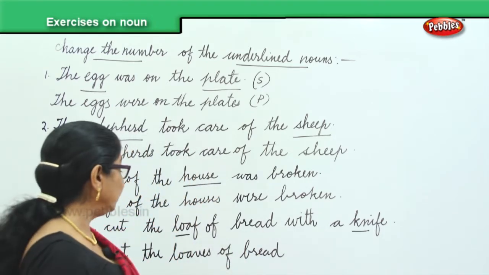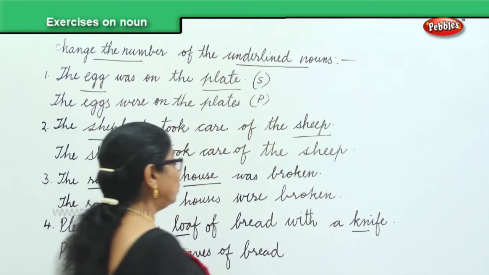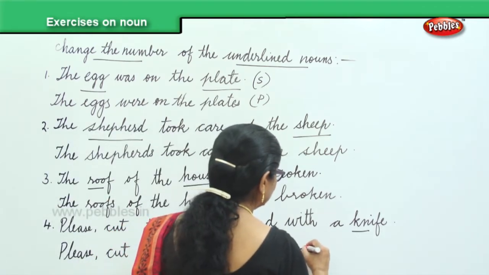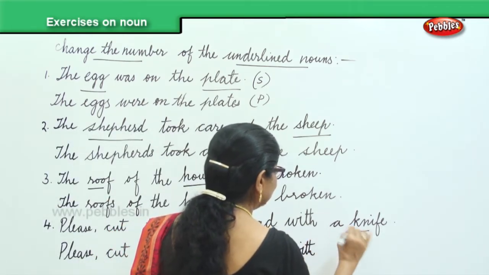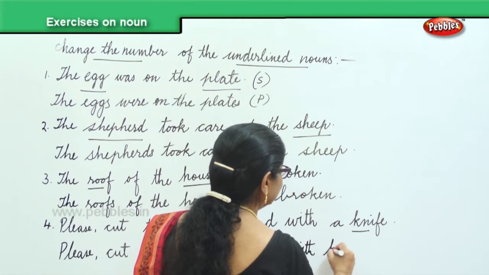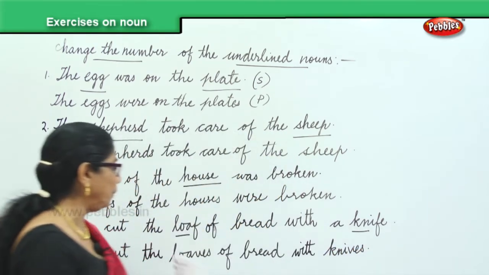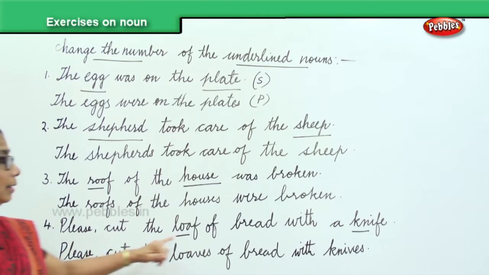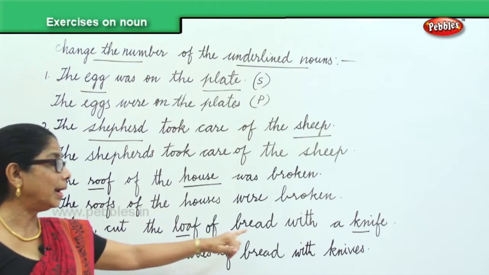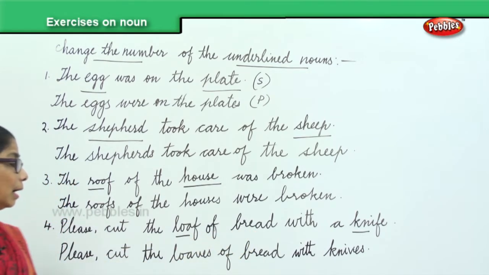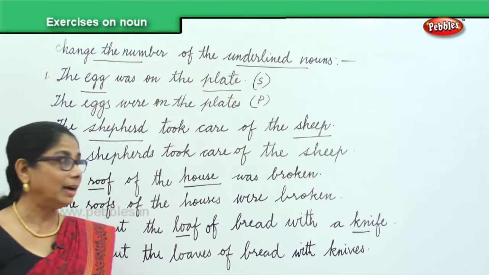Please cut the loaves of bread with knives. So you see the plural form, singular form. Please cut the loaf of bread with a knife. Please cut the loaves of bread with knives.